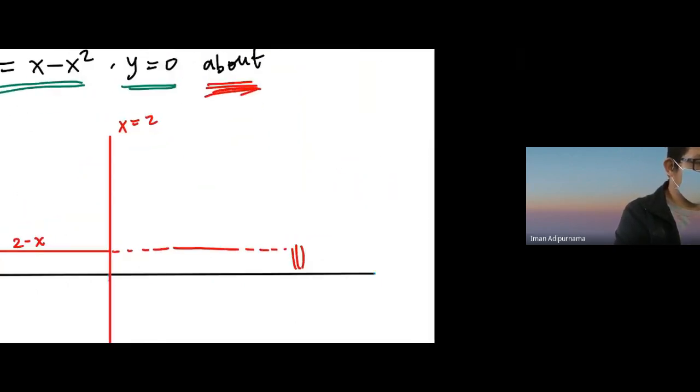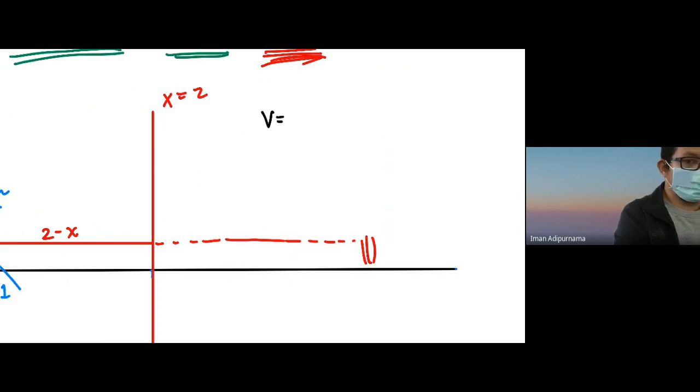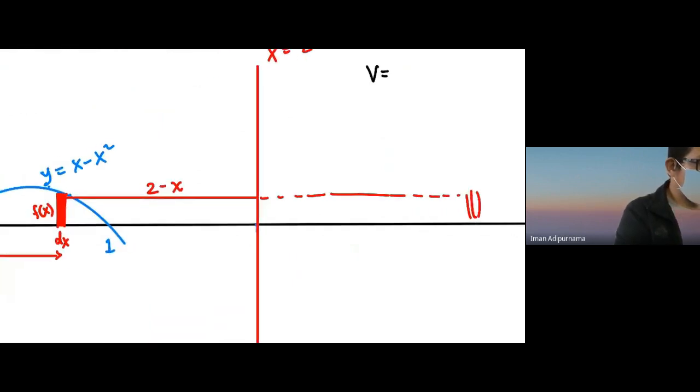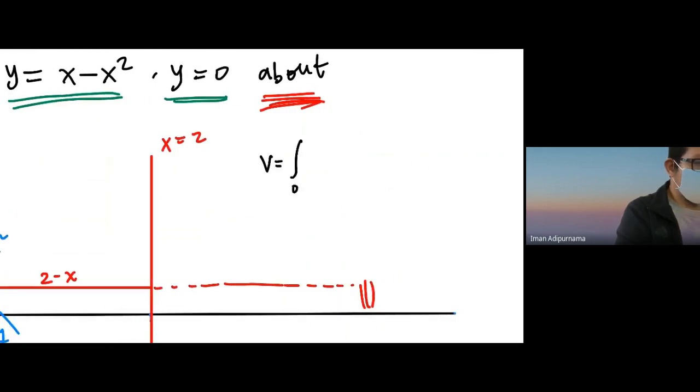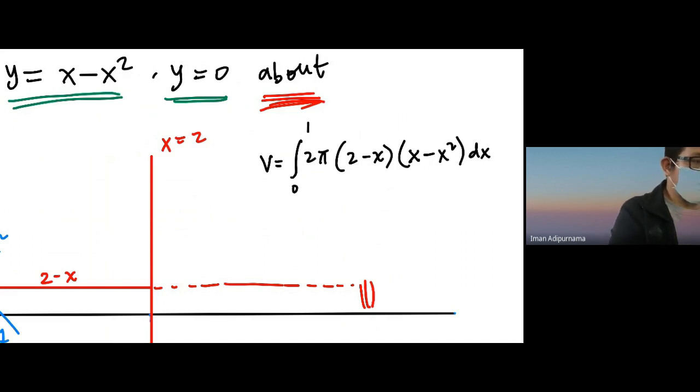So the volume will be the integral from 0 to 1 of 2 pi times 2 minus x, and then the height is x minus x squared, dx. And we solve this.